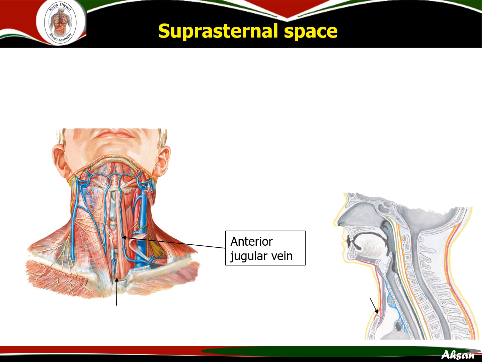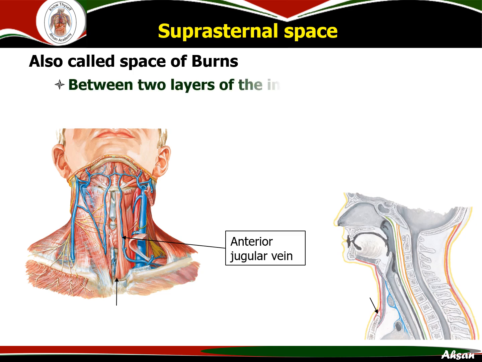Another small space is just above the jugular notch, also known as the space of Burns, and it is between the two layers of the investing layer, which splits just above the jugular notch and is attached to the anterior and posterior margins of the manubrium sterni.